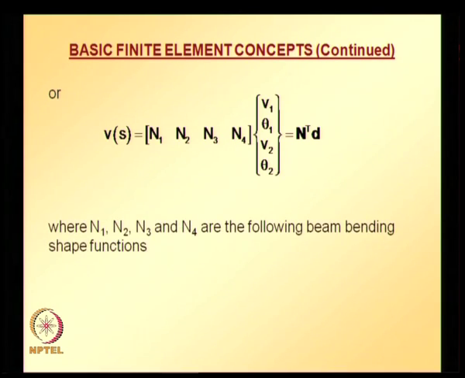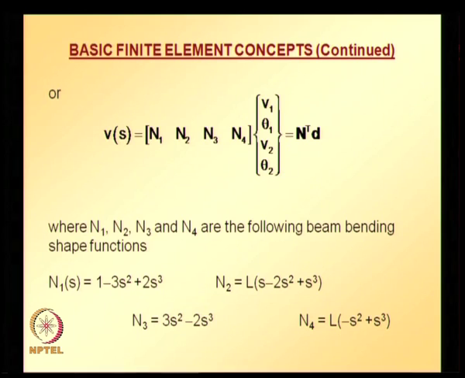As I mentioned, n1, n2, n3, n4 are nothing but shape functions or interpolating functions, and if we write these separately, they look like this, and it can be easily checked that n1 is equal to 1 at s is equal to 0 and n3 is equal to 1 at s is equal to 1.